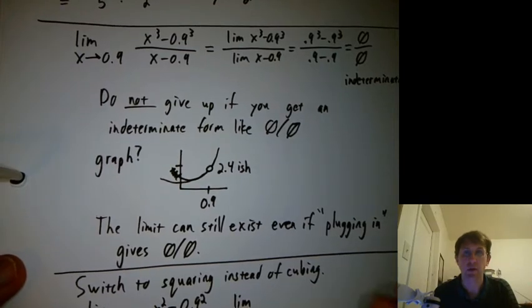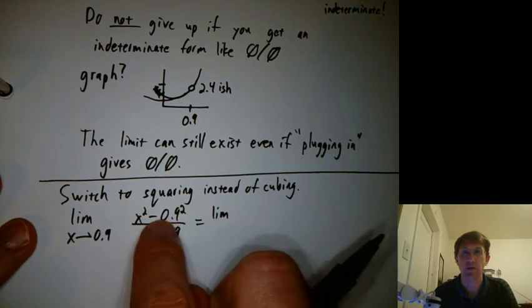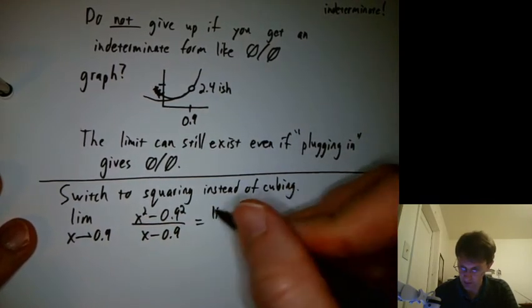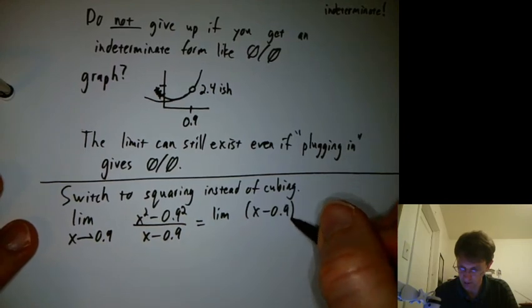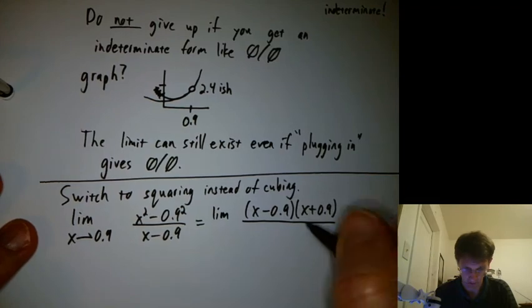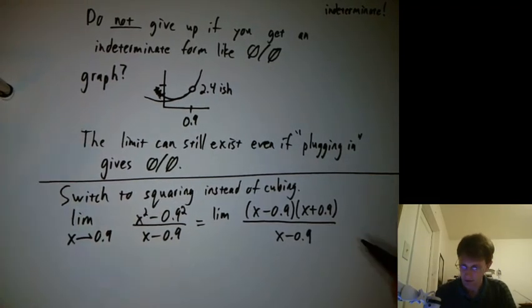What algebra can we do on this? Well, you might remember there's a formula for factoring the difference of squares, and that is x minus that thing times x plus that thing, divided by x minus that thing.